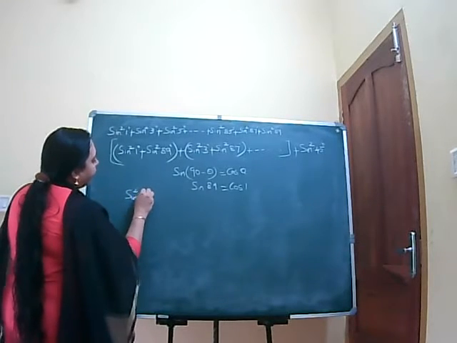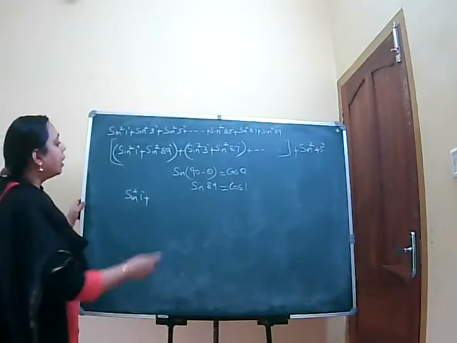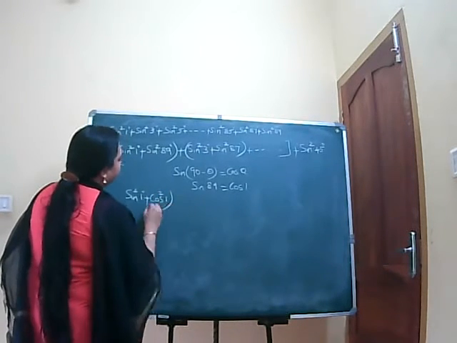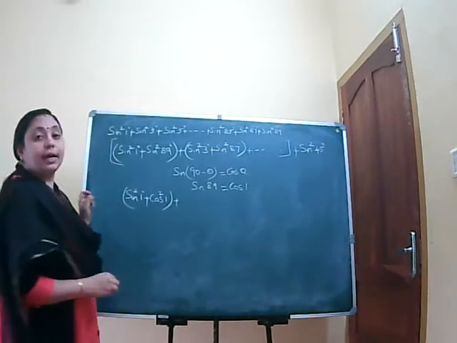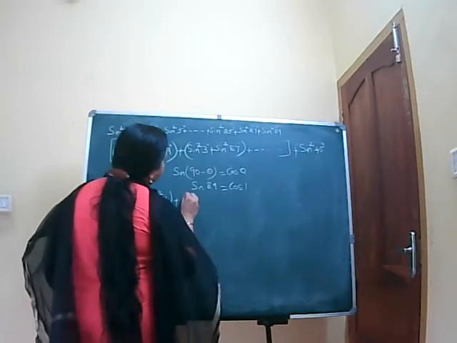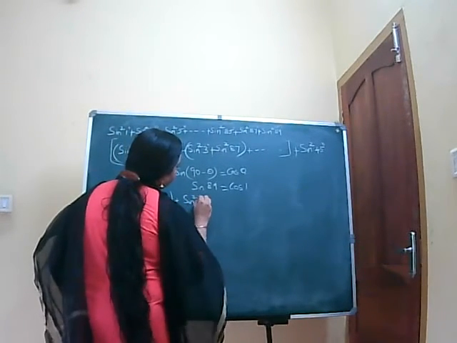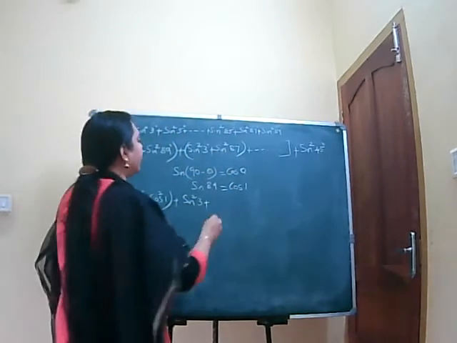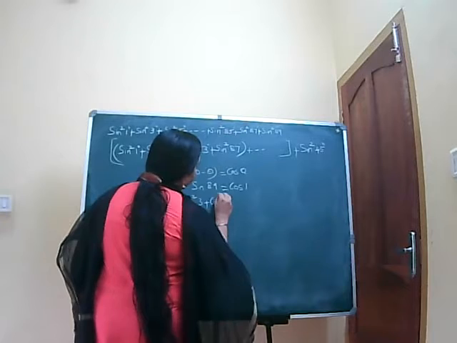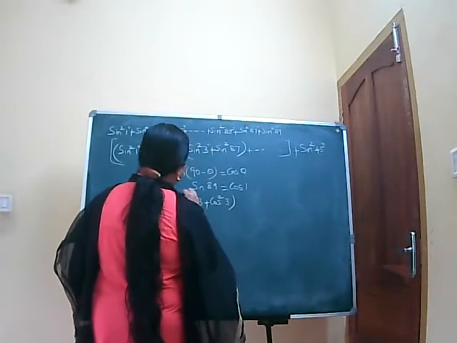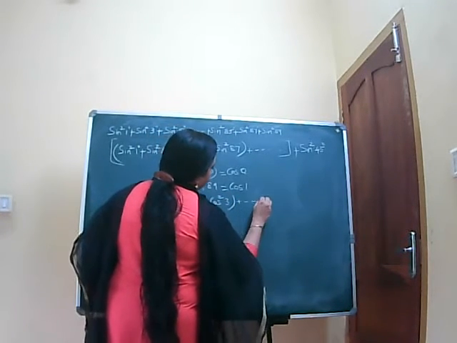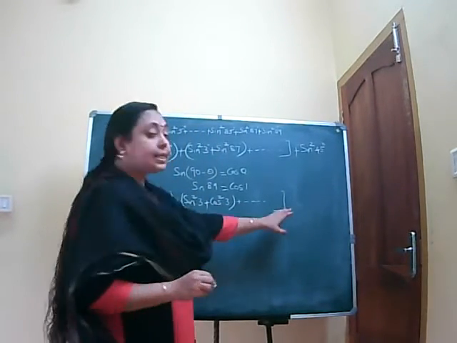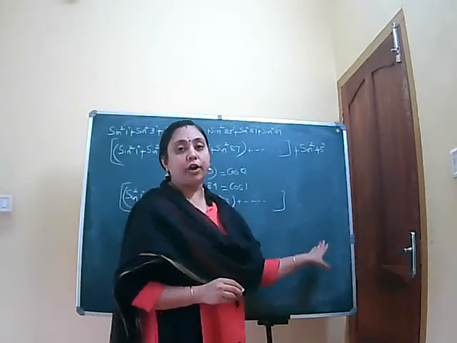sine square 1 plus cos square 1 plus sine square 3 plus cos square 3 plus etc. plus sine square 45.